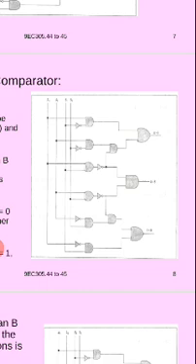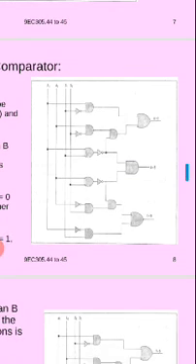Here in this circuit, 2 bits are added, that is A bit and B bit. Here A0, B0, A1, B1 are added.